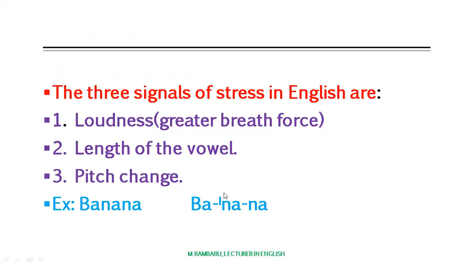Here, the second syllable is marked stress. It means we use a stress marking on the second syllable, on the penultimate syllable. There are three syllables in this word. It means the second syllable from the last one.